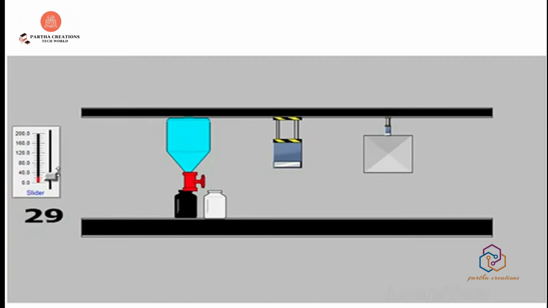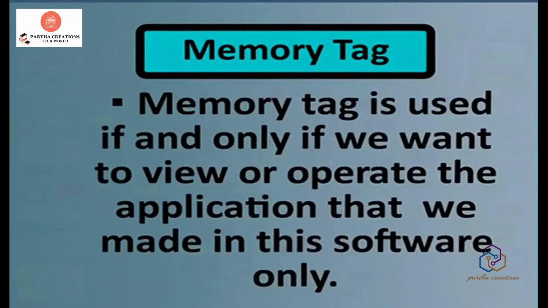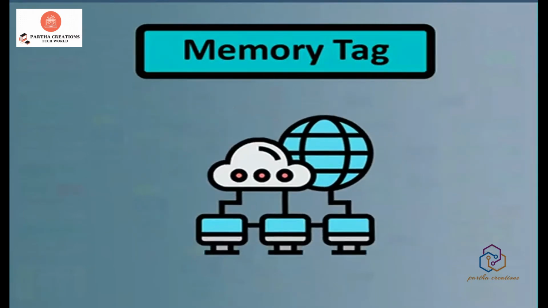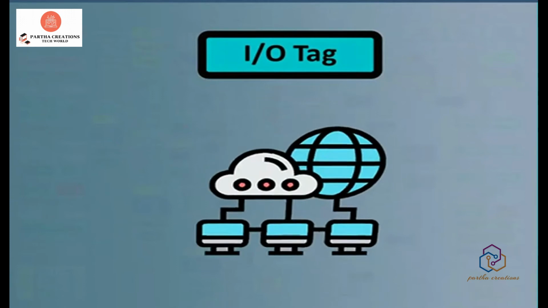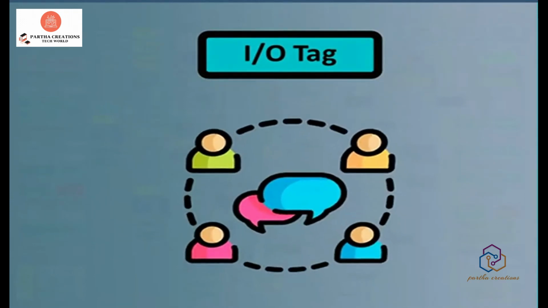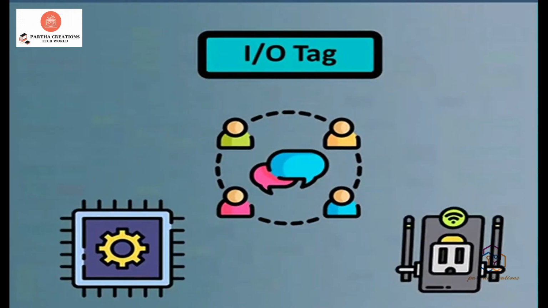So in a nutshell, memory tag is used if and only if we want to view or operate the application that we made in this software only. Neither do we want to network, nor do we want to communicate. In such cases, use memory tags. And IO tag will be used when we want to network or communicate with hardware or PLC.